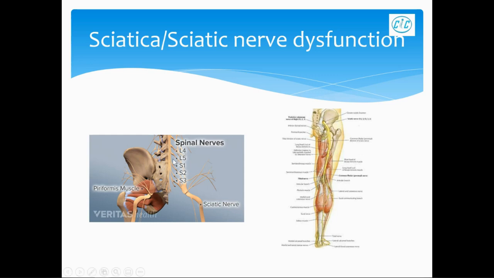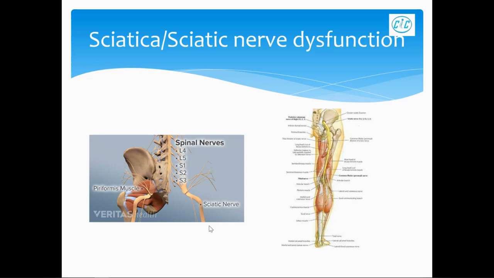So if somebody has S1 nerve root or spinal nerve damage, the symptom is very similar to the sciatic nerve, but they're not in the same location. For that reason, it is very important to distinguish the cause of the issue, so that the treatment can be designed for that specific cause.